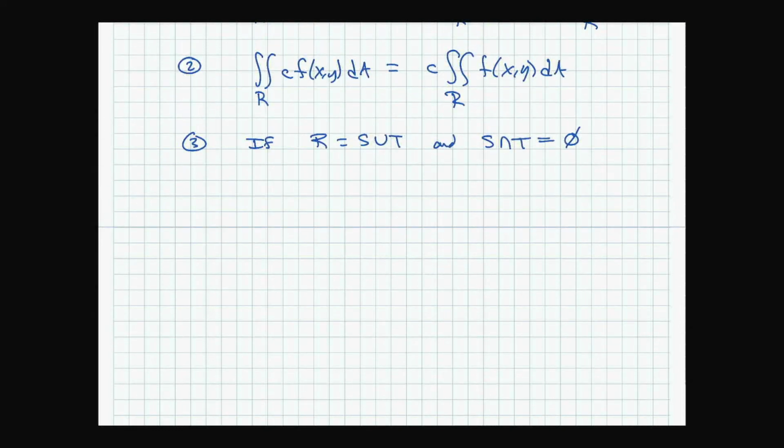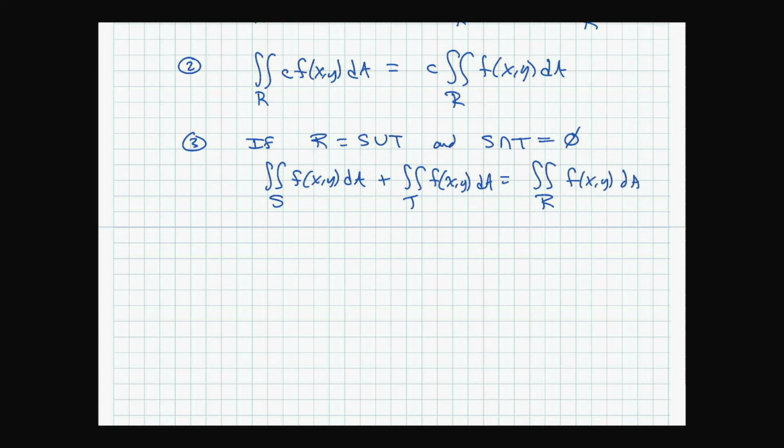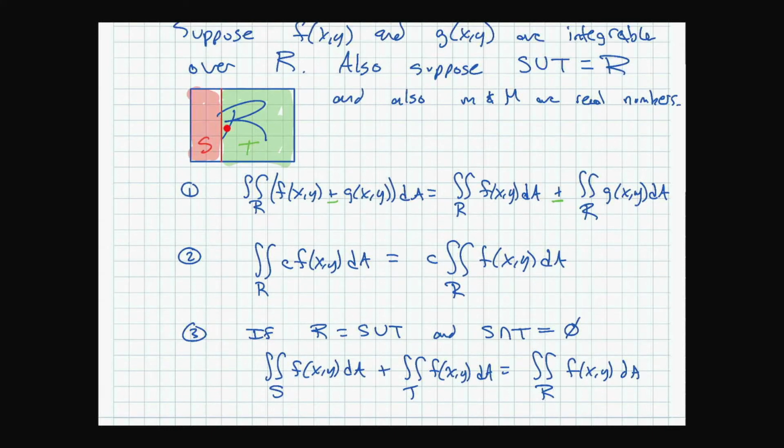Then if you do an integral over S and then you do an integral over T, that's the same thing as if you did the integral over R. Because if you integrate over S and over T, S and T add up to the entire R. So simple.